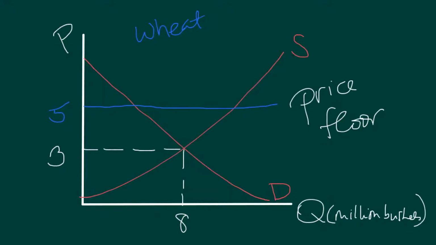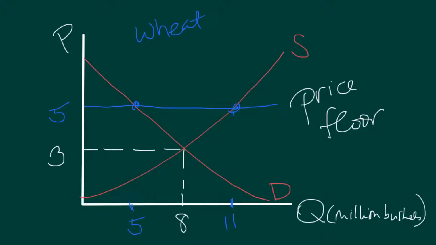So at $5, we're going to see the farmers are willing to supply and sell a higher quantity than people are willing to buy. So let's say that at that $5, the quantity supplied is 11 million, and at $5, the amount people are willing to buy might only be 5 million. And so now we have a situation where 11 million are being brought to the market, but only 5 million are going to be coming off the shelf. And so you've got this surplus of 6 million.